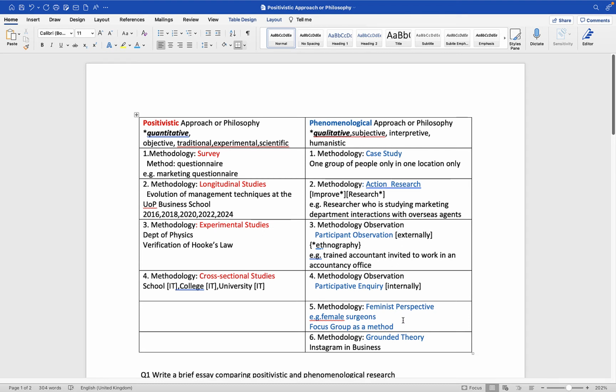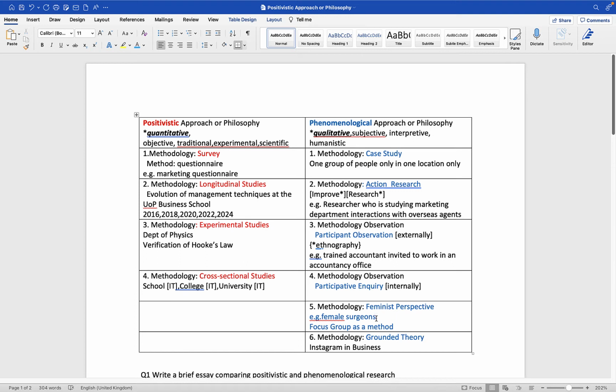Now the 5th methodology is called feminist perspective, and there are some researchers who are interested in the role of women in the workplace. They are particularly interested to know how women impact on the workplace, and how the workplace is impacting on women. So for example, in the UK we have lots of men surgeons, so we don't have statistically as many female surgeons.